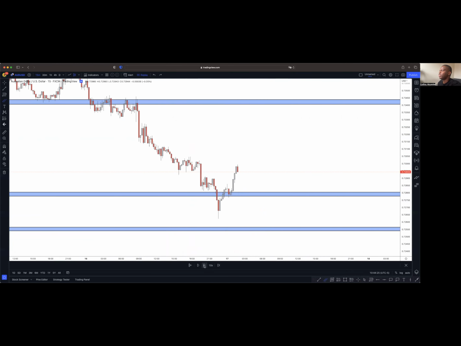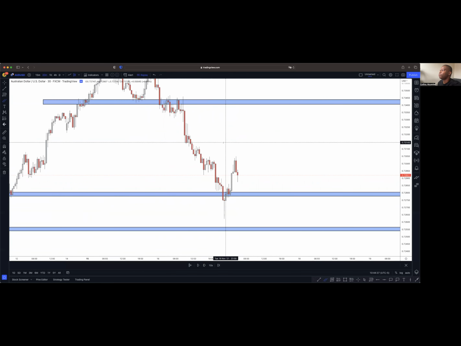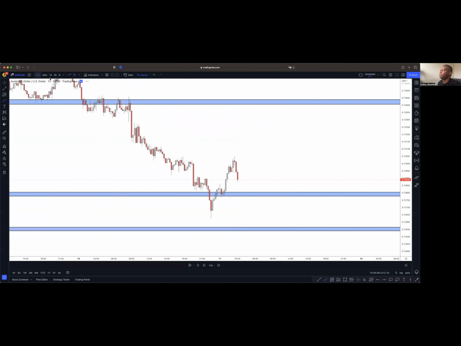Let's go down to the 30 minute time frame and see what price is doing. Price failed to break above this level, which is a good sign. Go down to 1 hour. Price rejected this point. Let's see what price is going to do.